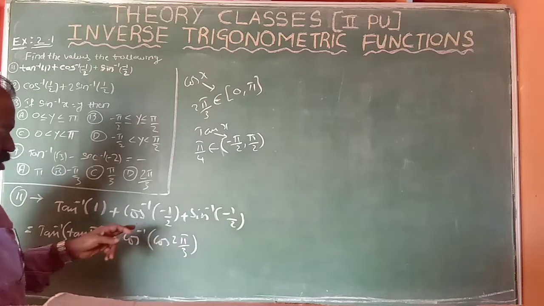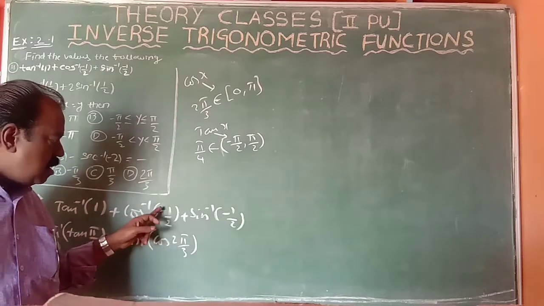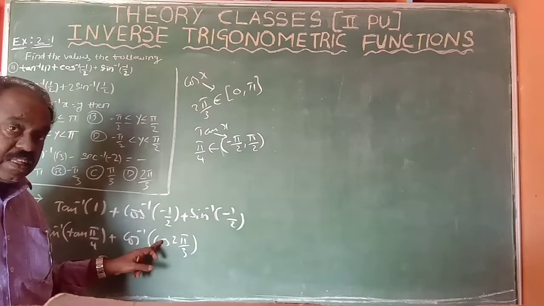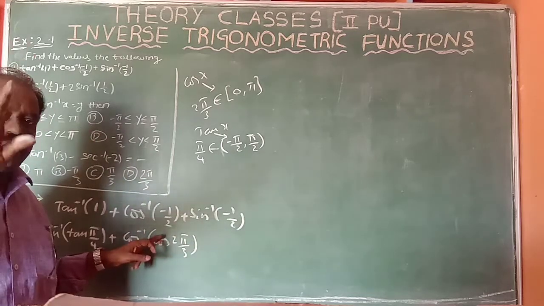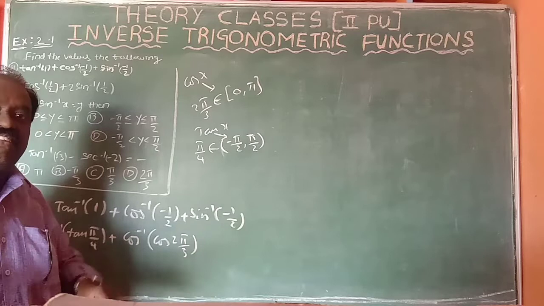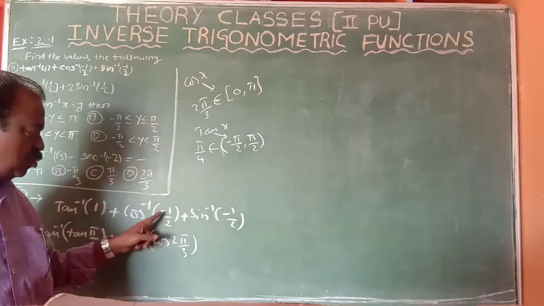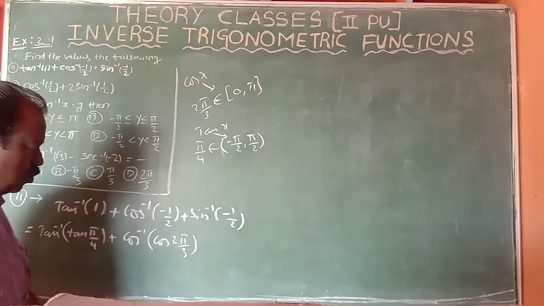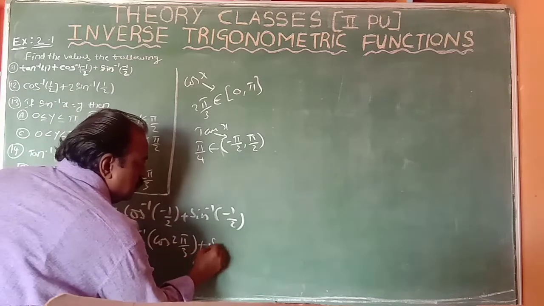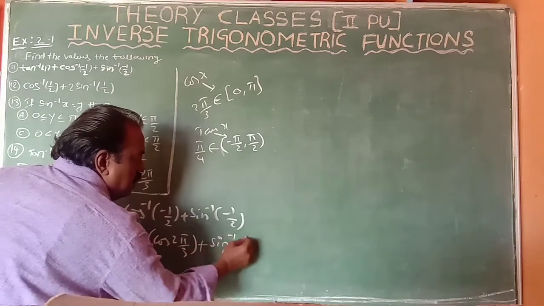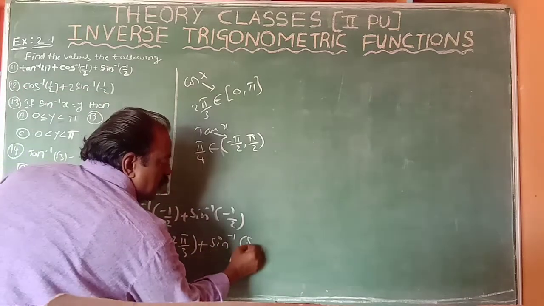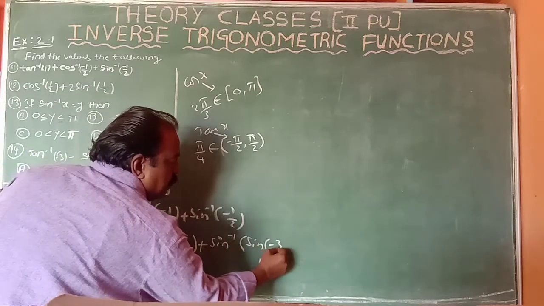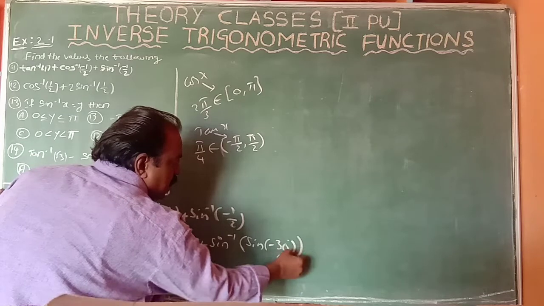But some students may think that minus 1 by 2 is cos of minus 60 degrees. Cos of minus 60 is not minus cos 60, it is plus cos 60. Now sin inverse of minus 1 by 2. It is sin of minus 30 degrees.